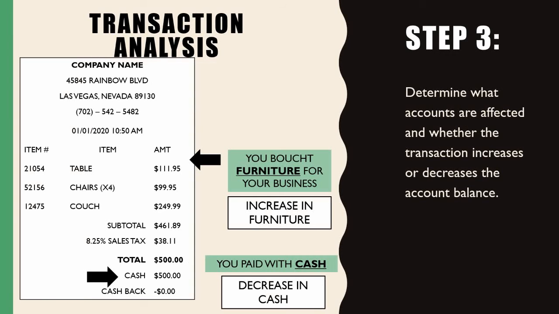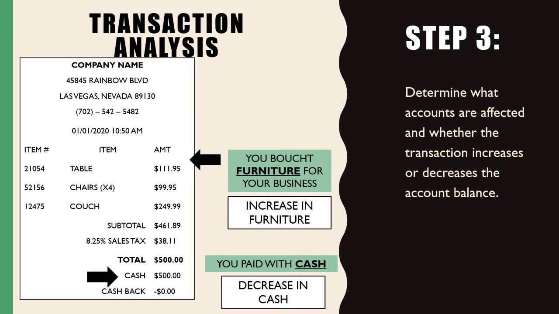Step 3 is now we're going to determine which accounts are going to be affected. Because we talked about how this transaction affects my business. Well, I purchased fixed assets. So how is this going to affect my accounts? Well, we've already determined that we purchased furniture.